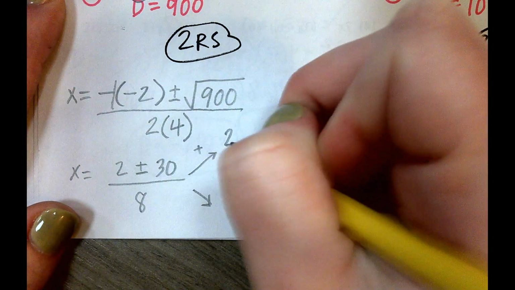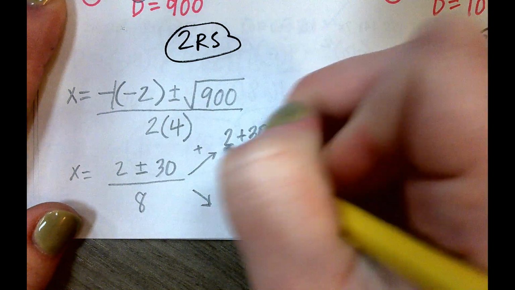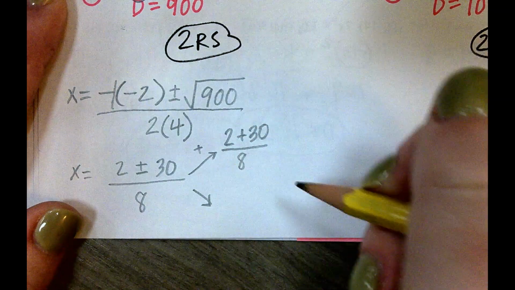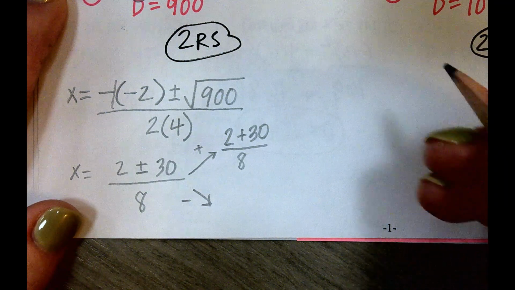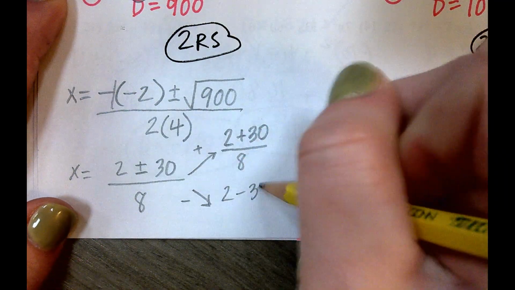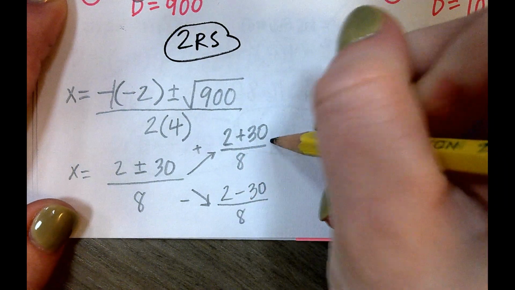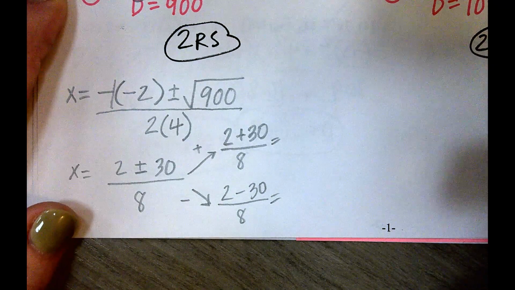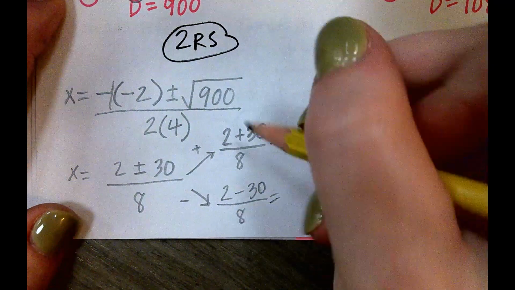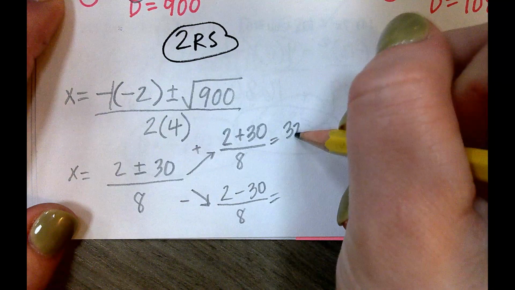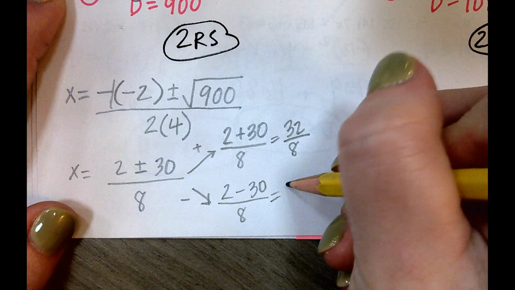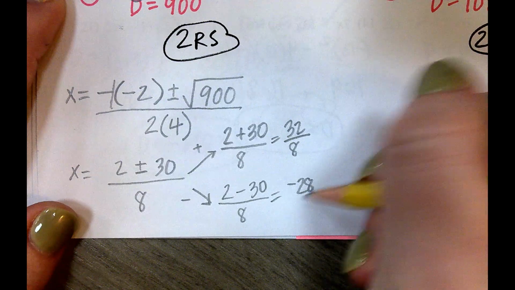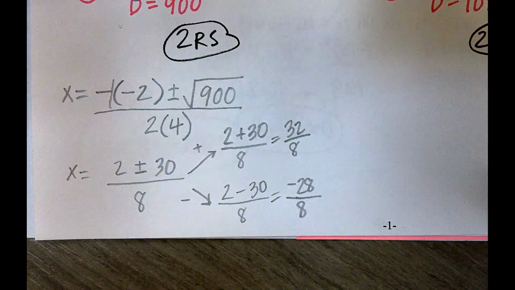So I did 2 plus 30 over 8, and 2 minus 30 over 8. With adding, I got 32 over 8. And subtracting, I got 28 over 8, negative 28.